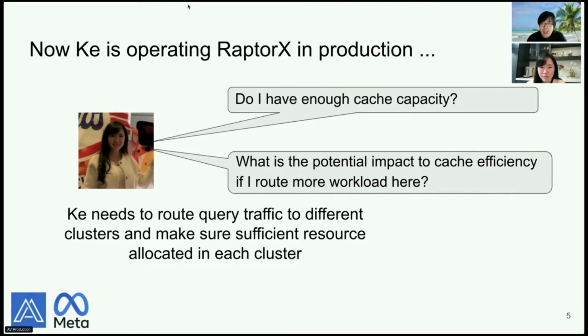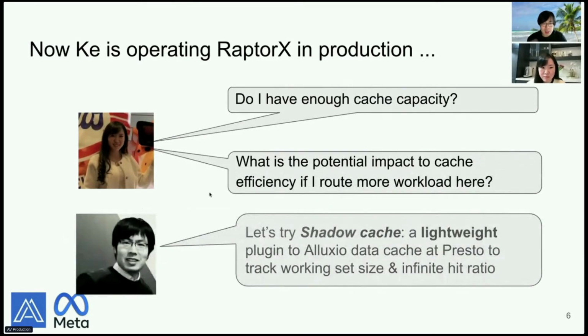So she is collecting information, asking questions like, do I have enough capacity in this RaptorX cluster? Or what is the potential impact to the cache efficiency if I route more workload there? She is asking me questions like this from time to time, and we want to see how Alluxio data cache can help here. That's why we built a shadow cache, which is a lightweight plugin to Alluxio data cache in Presto to track the working set and collect information about the hit ratio.